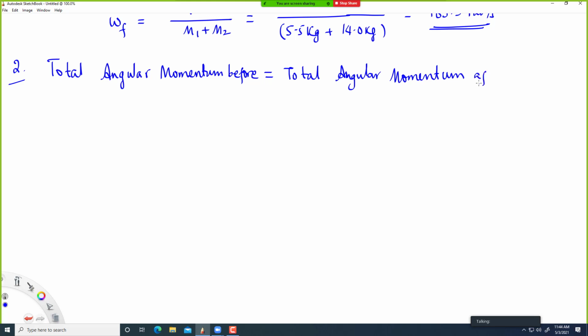Here before means before pulling in the arms, after means after pulling in the arms. So total angular momentum is I times omega: I initial, omega initial, equals I final, omega final. And we want to find omega final here. This is what we want to find.